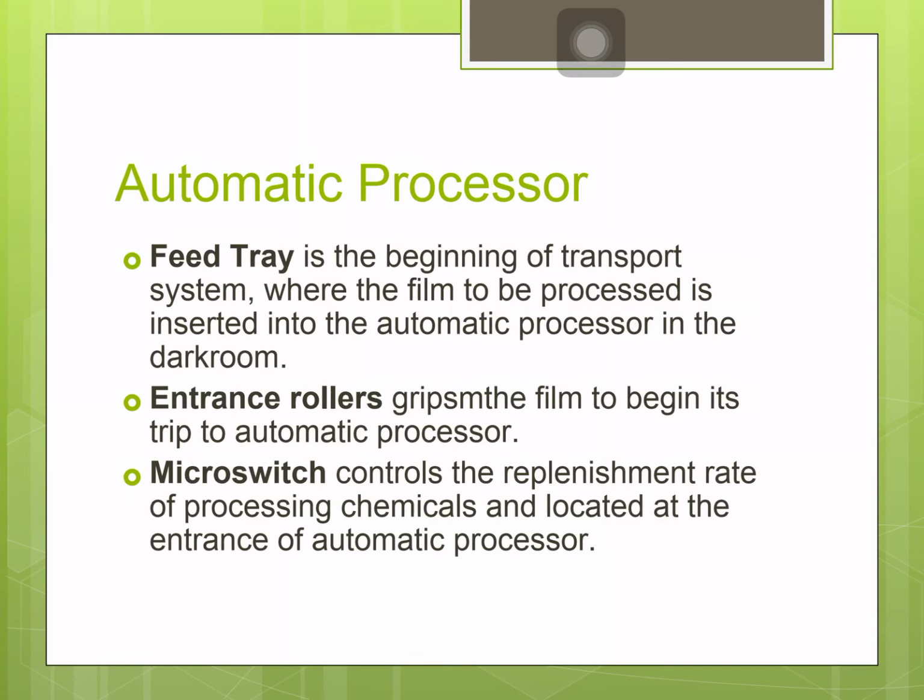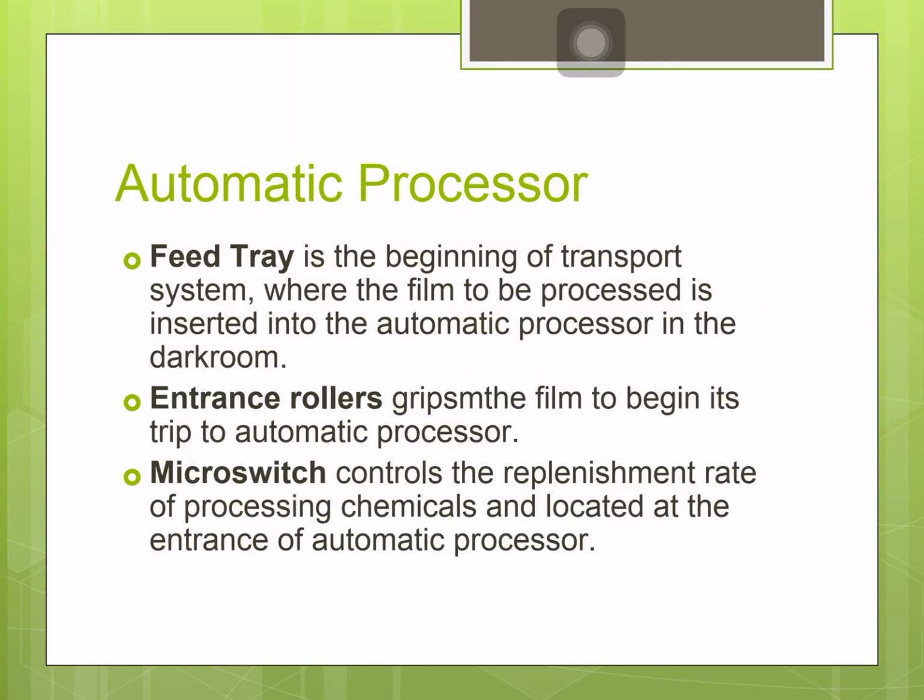Dito natin inilalagay yung ating exposed film containing the latent image. So, kapag naipasok sa ating feed tray ang ating radiographic film, kakainin siya or igigrip siya ng ating entrance roller. So, entrance roller will grip the film to begin its trip to automatic processor.